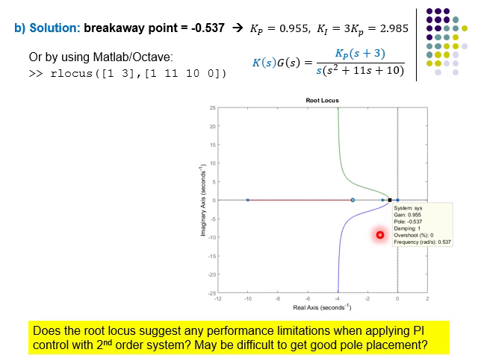Okay, there's one final extra question here, just something to think about in terms of understanding and interpreting the root locus. Does this root locus suggest any performance limitations when applying PI control with a second order system? It's asking, is it difficult to get good pole placement?